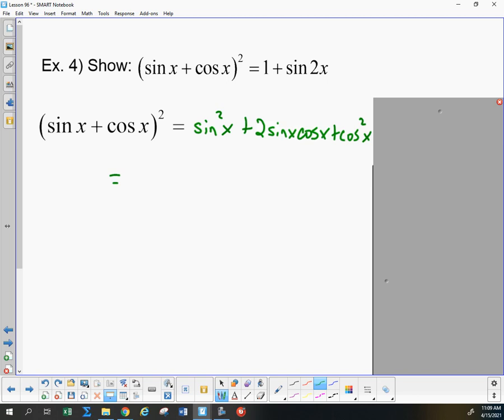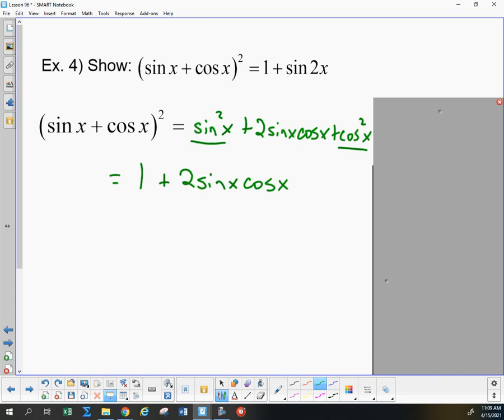Now I need another idea. Gavin, you see anything in that you might do? Okay, so sine squared and cosine squared is 1, so I have 1 plus 2 sine x cosine x.